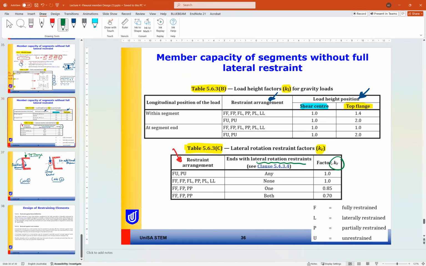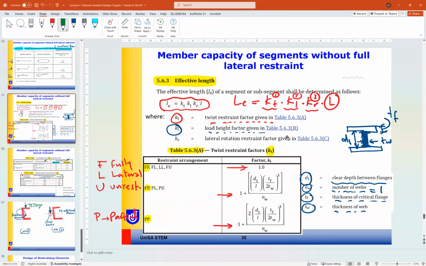If you have any, none, one, or both, so you have four cases based on whether you have lateral restraints or not. So this will affect the effective length of the beam. Okay? So if we know KT, KL, KR, we know L effective.